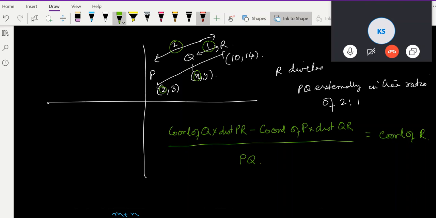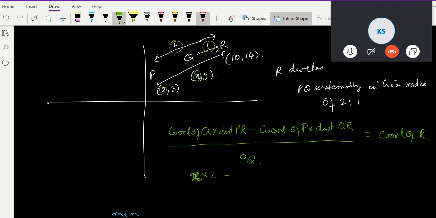So coordinate of P is 2. I'm taking the x coordinate, so this is 2. Distance PR is 2. Minus coordinate of Q, which is x.